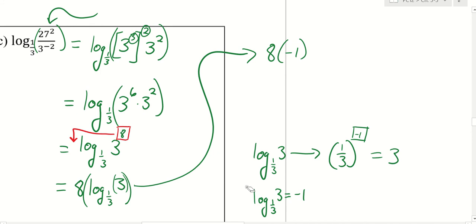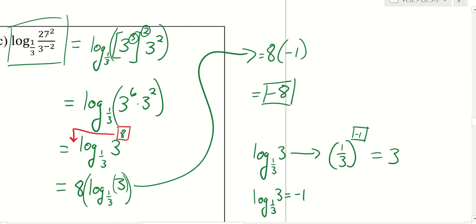Here I'm just acknowledging that logarithms are complicated, especially in the beginning, so I'm really just trying to make this notation as clear as I can. But as I do that, I might be making it more complicated than it should be. So 8 times -1 is just -8. So this initially really confusing logarithm, log base a third of 27 squared divided by 3 to the minus 2, is really just -8.